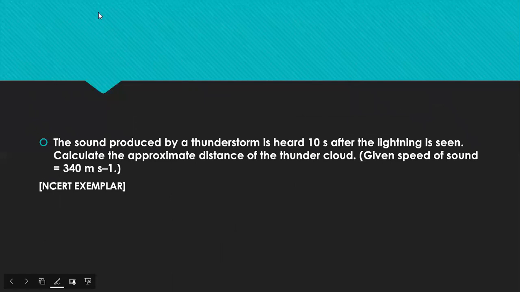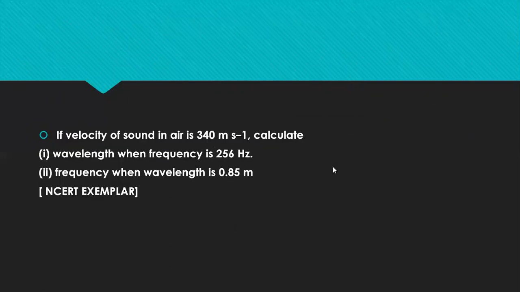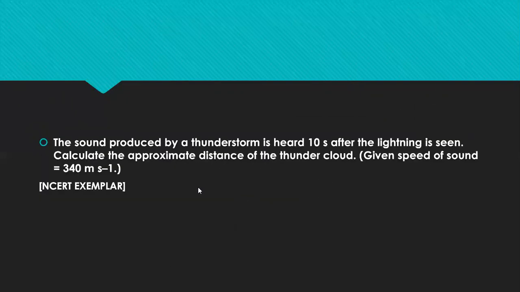Now let's come to some NCERT exemplar problems. The sound produced by a thunderstorm is heard 10 seconds after the lightning is seen. Calculate the approximate distance of the thunder cloud. So velocity equal to distance upon time.